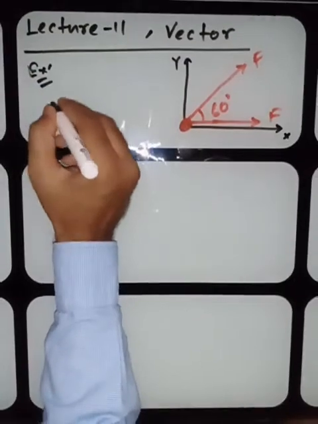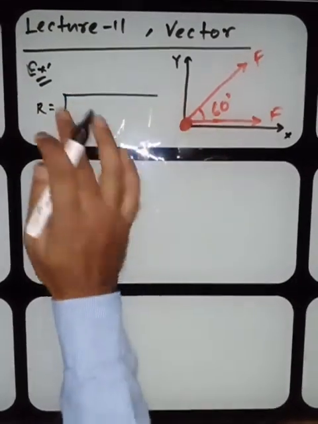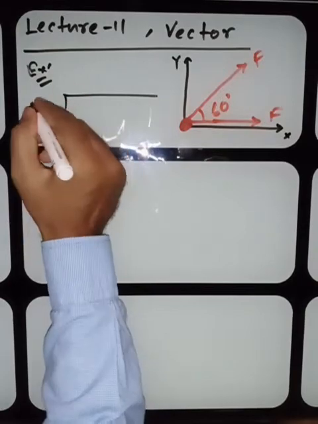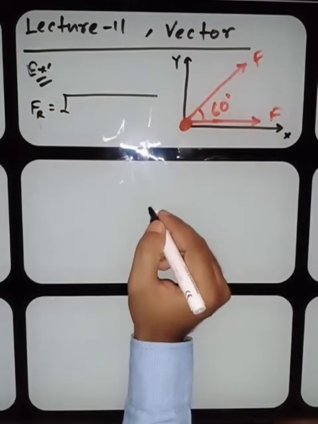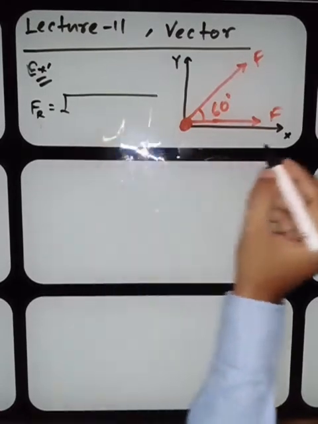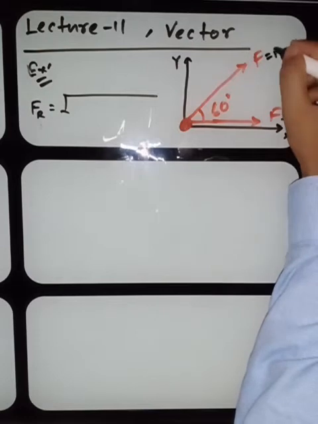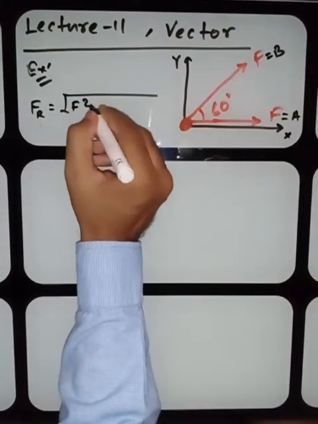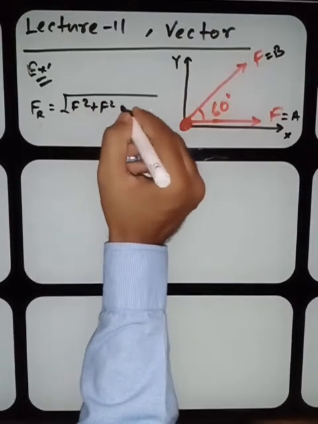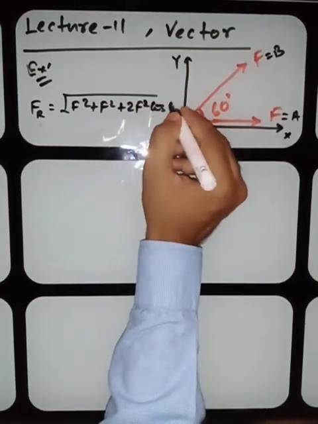First, that formula. We know that the resultant force can be written as the square root of A square plus B square plus 2AB cos theta. At the place of A we have one force, and at the place of B we have another force, and both are the same in magnitude. So it is F square plus F square plus twice F square cos 60. Am I right?